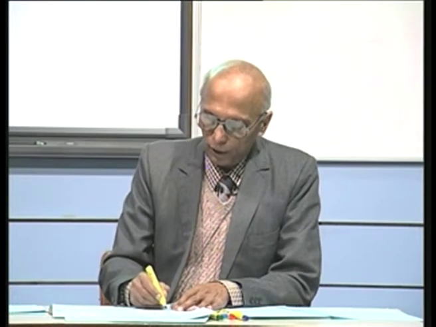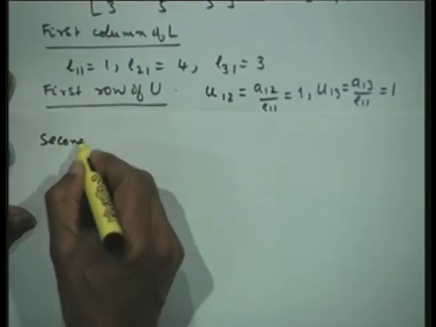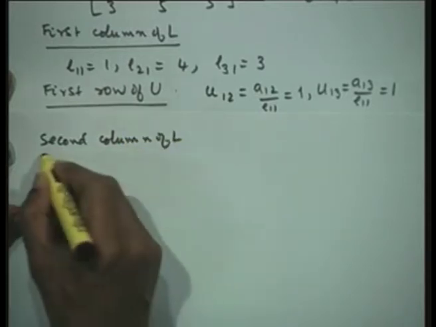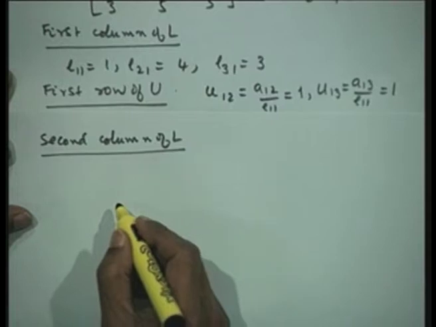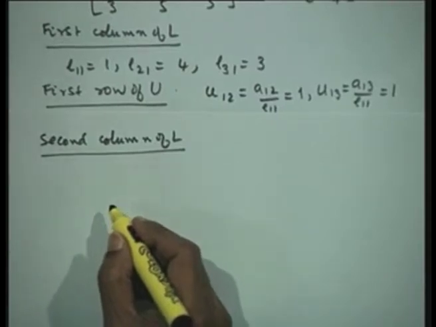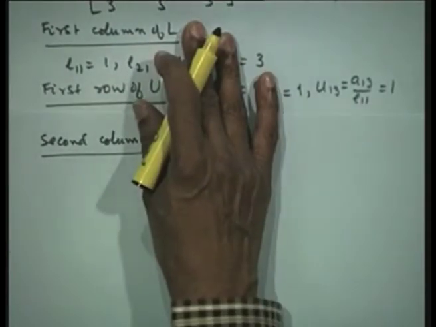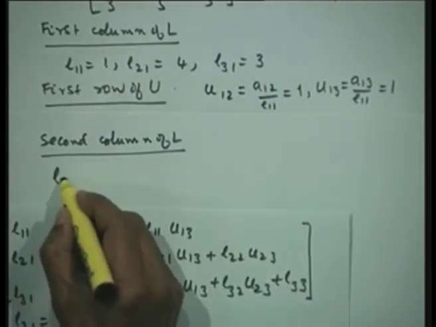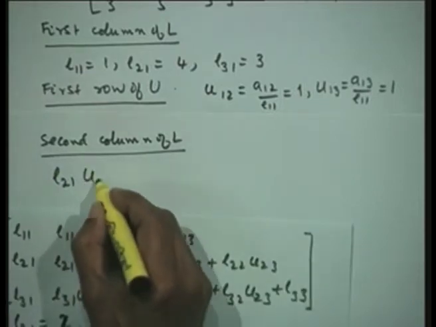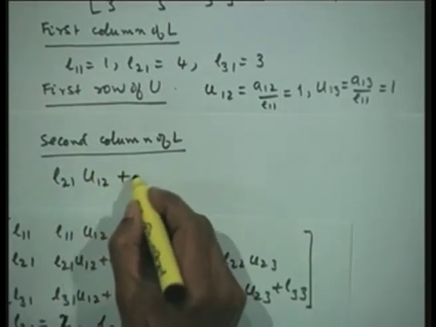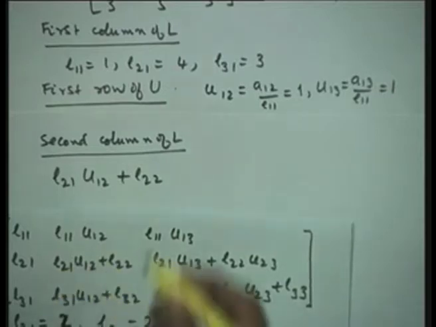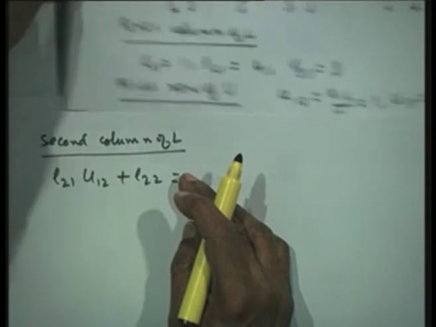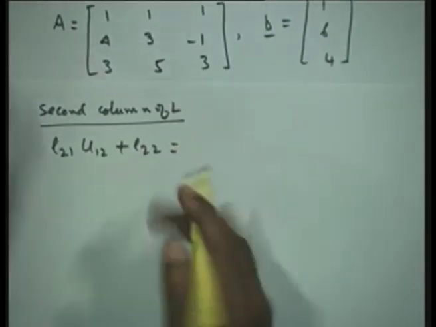Then we go to the second column of L. So, I would take this element as L21 U12 plus L22, and the diagonal element of this is 3.